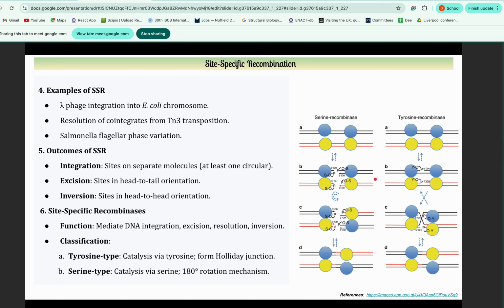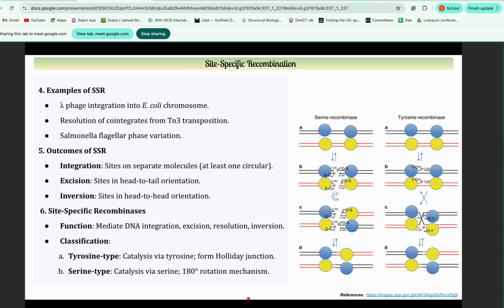The main difference between both is, first of all, the residue used for catalysis: in serine recombinase serine is used, in tyrosine recombinase tyrosine is used. Second, in the case of tyrosine there is generation of a Holliday junction, whereas in serine recombinase a 180-degree rotation mechanism takes place.